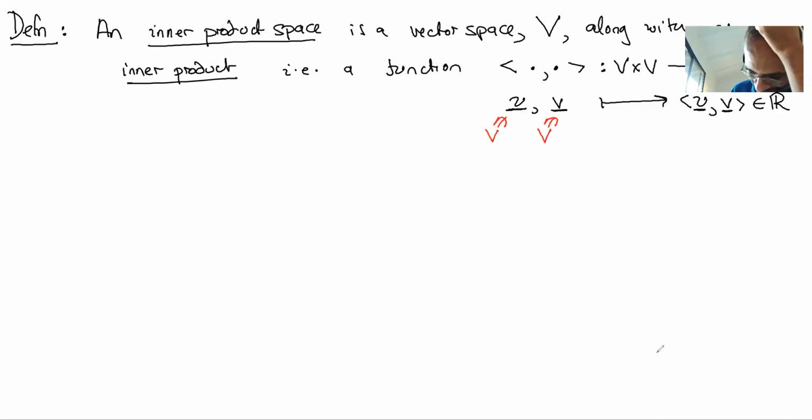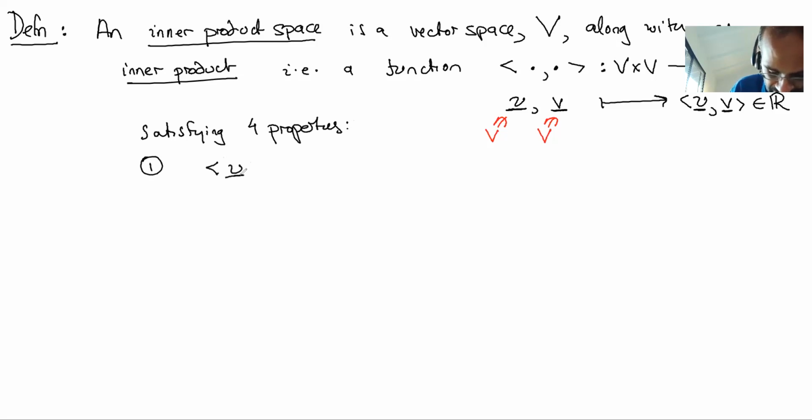So anyway, it's a function with a bunch of properties, the essential properties, satisfying 4 properties. First, the inner product of u and v is the same thing as the inner product of v and u.